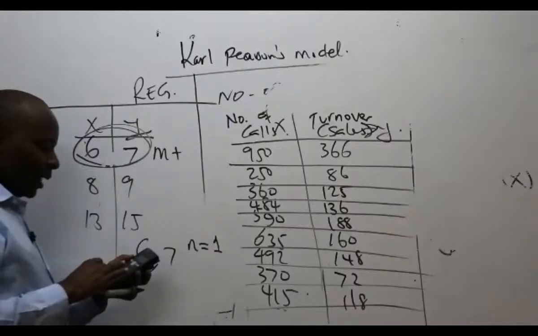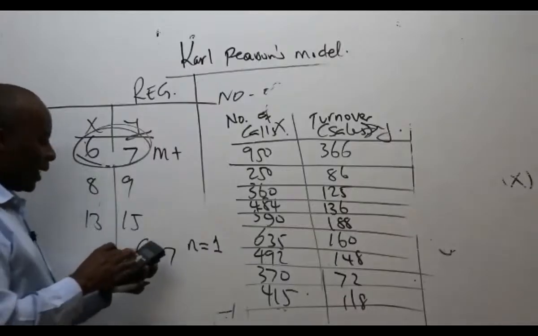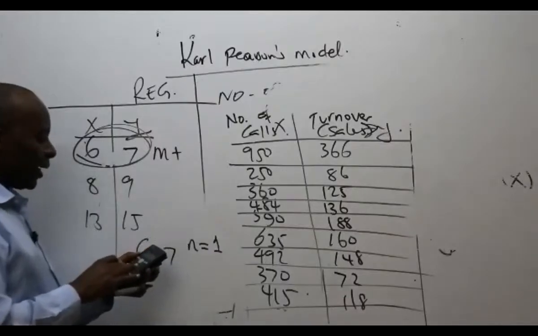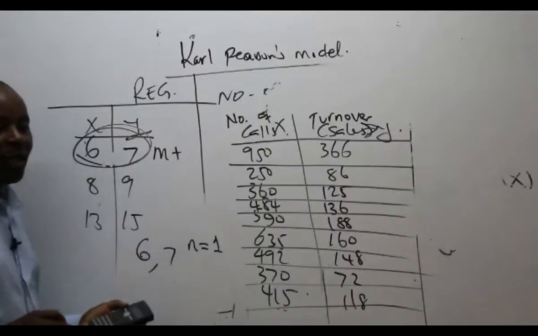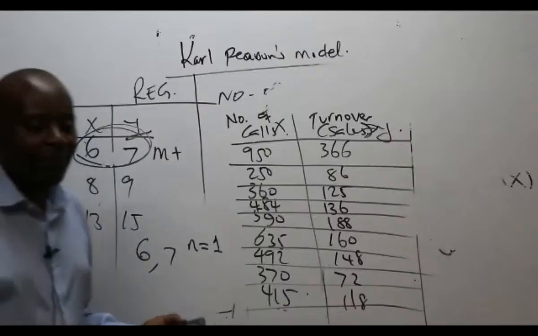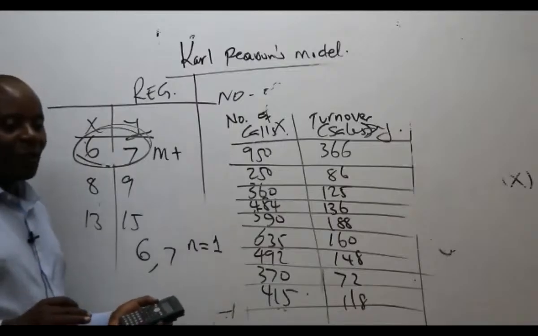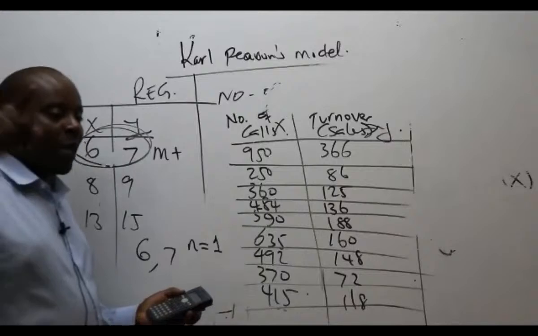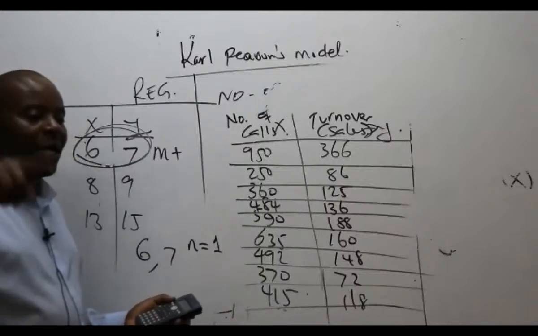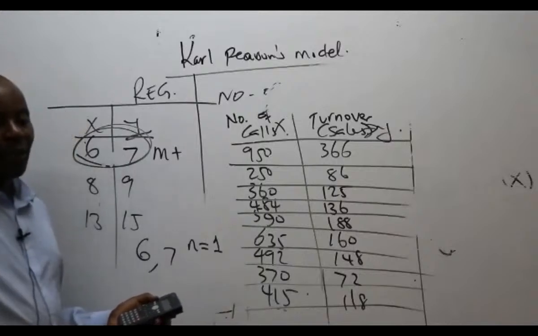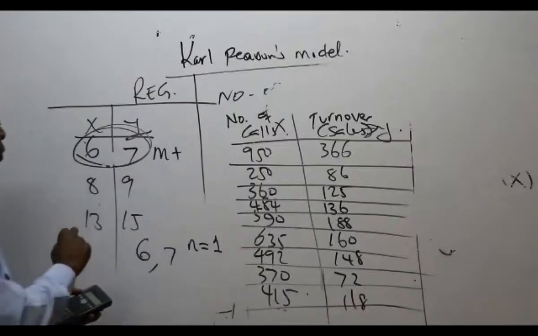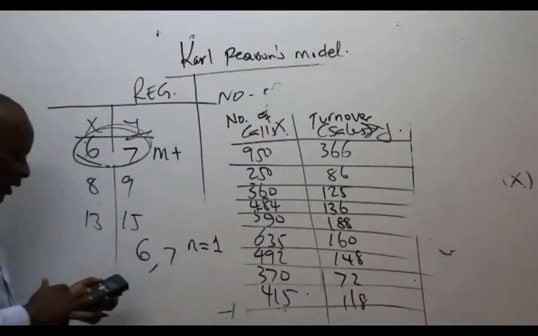So you say 8,9, then M plus. Is there somebody who has been told that this time round N equals 2? Thank you very much, Maureen. So we got the last one, which is 13,15.